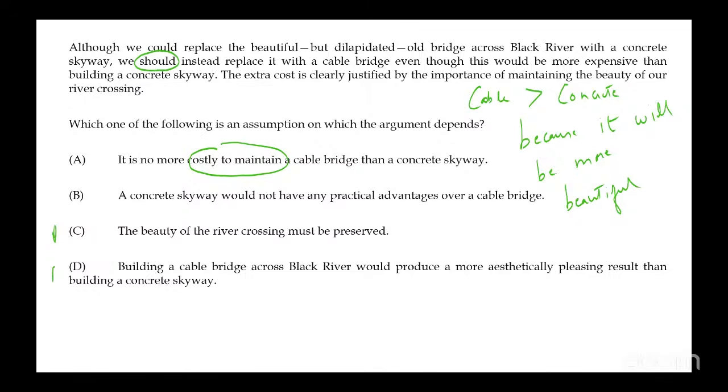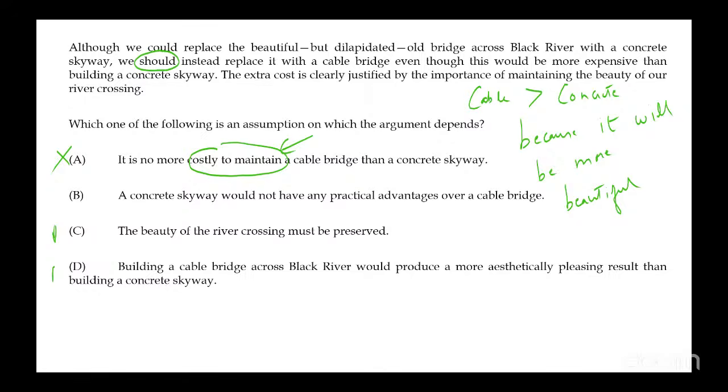And we already know that replacing it with a cable bridge will be more expensive. Now, whether it is also costly to maintain such a bridge is not really discussed, it is outside the scope. So A is out.